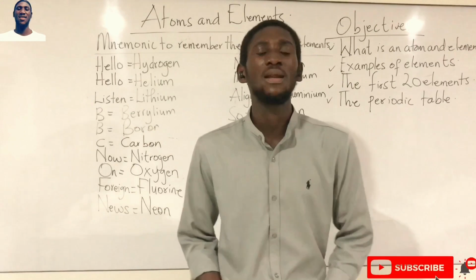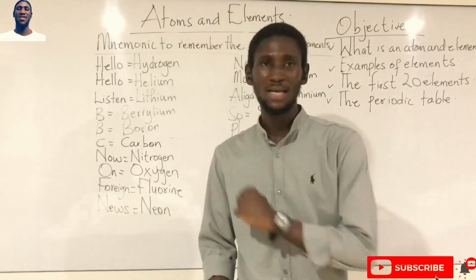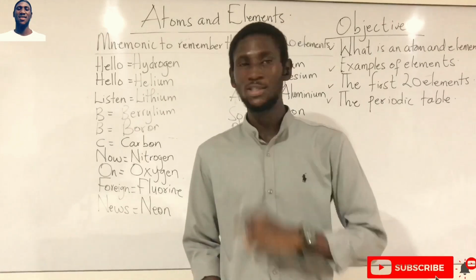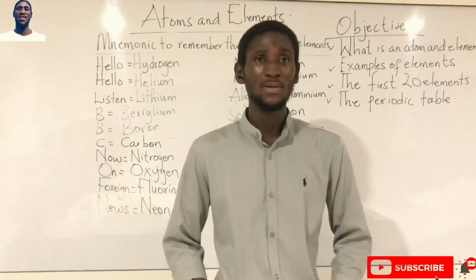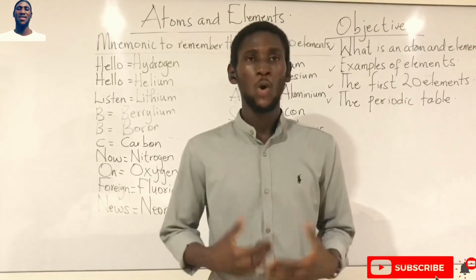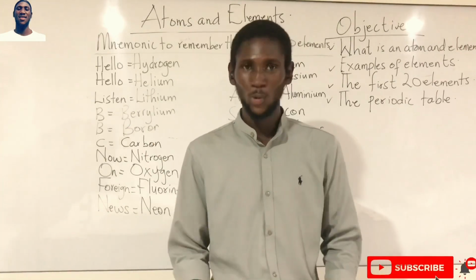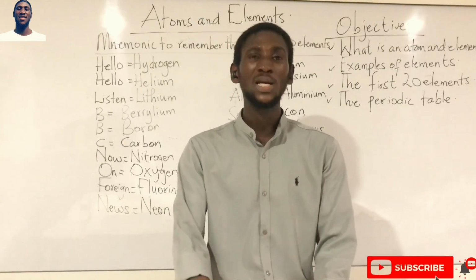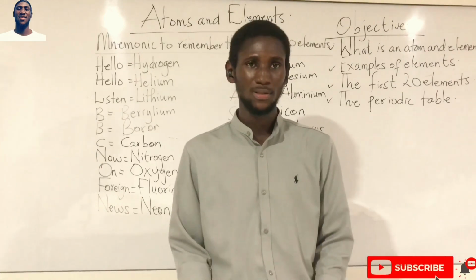You can have something like carbon dioxide. Carbon dioxide contains carbon and oxygen, so we can't call carbon dioxide an element. But gold contains only gold atoms. Oxygen contains only oxygen atoms.